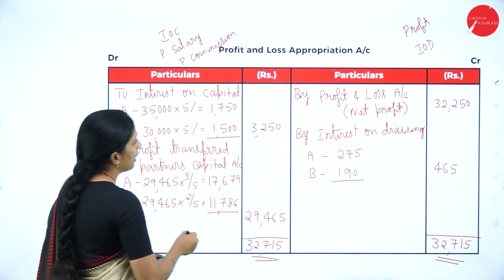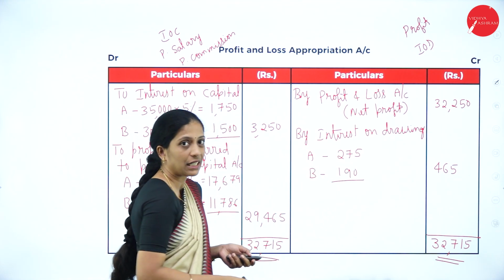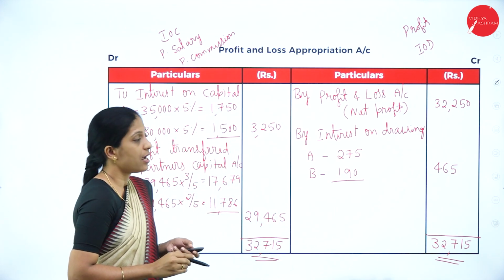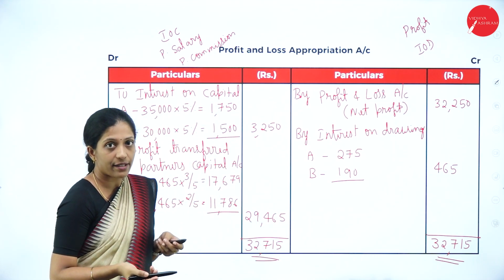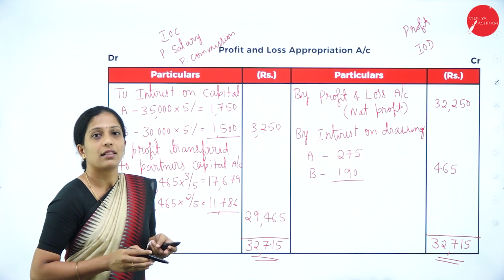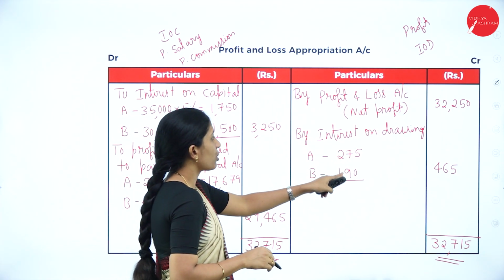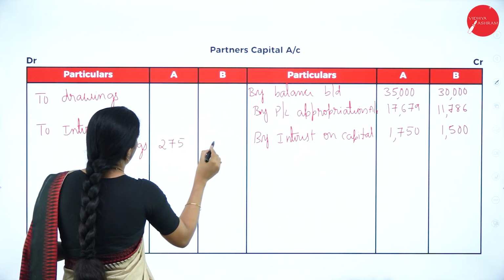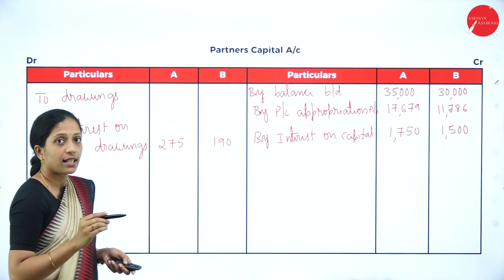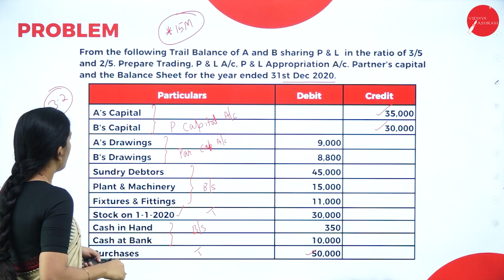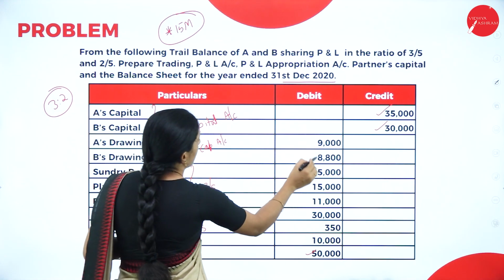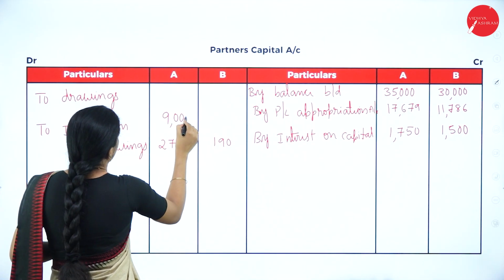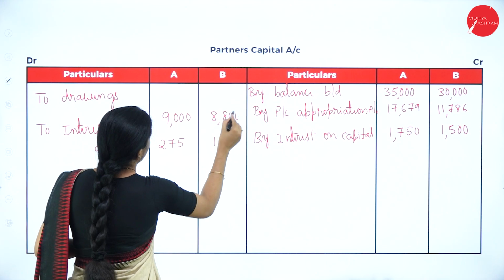Interest on drawings was given in the adjustment, and it is 275 and 190. Let us see the drawings in the trial balance. Now how much drawings they have given? 9,000 for A and 8,800 for B.